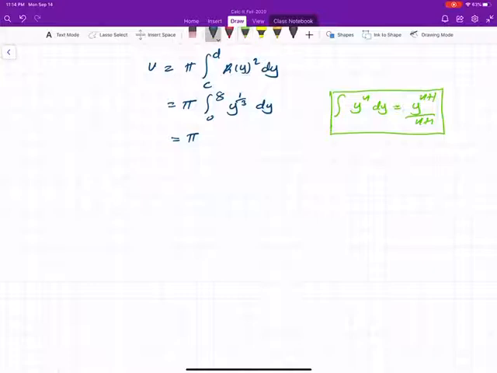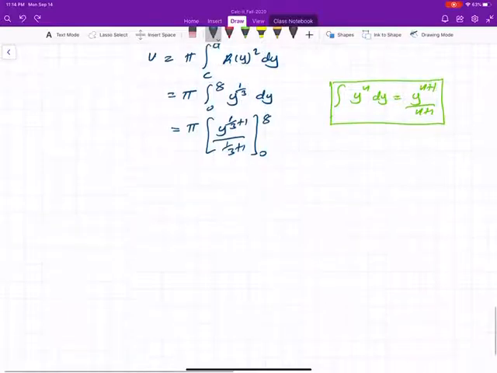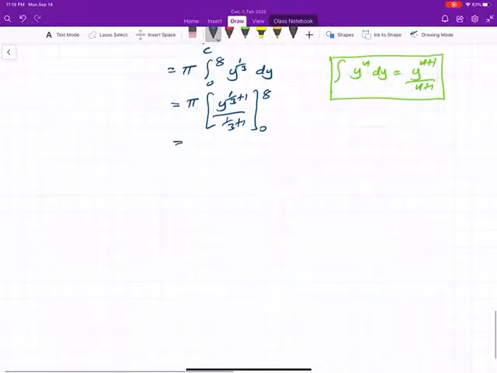So you write this as y to the 1/3 plus 1, then you apply the limits from 0 to 8. Here you have 1/3; there you had n. If you had n, then it's n plus 1. If you had 1/3, then it's 1/3 plus 1. Now just simplify that.